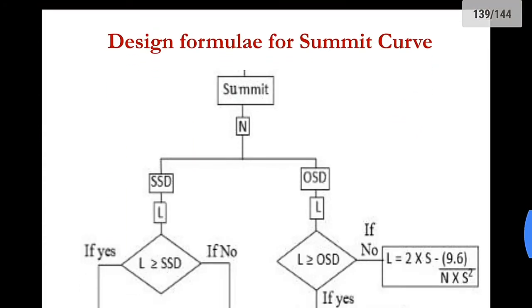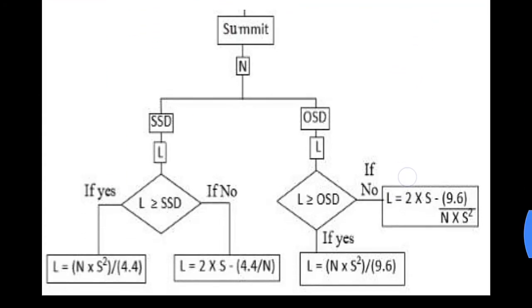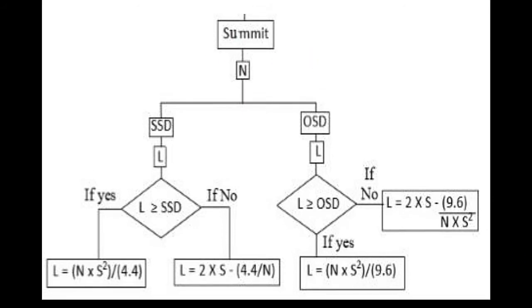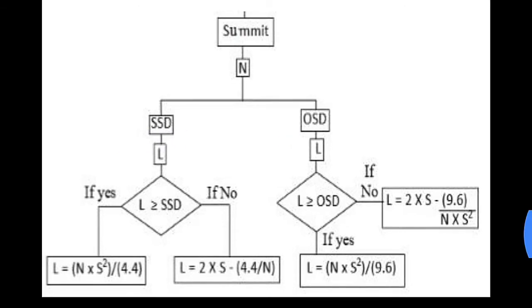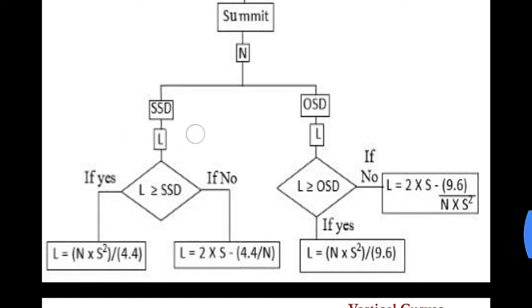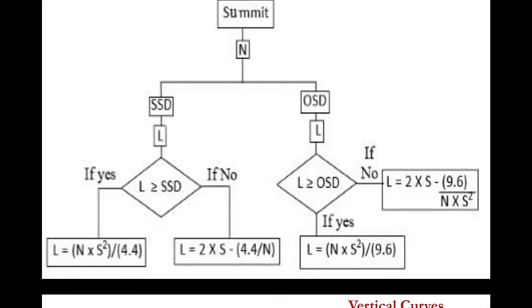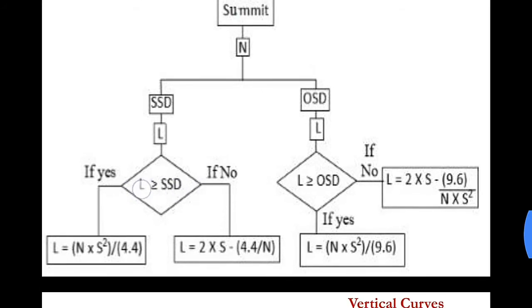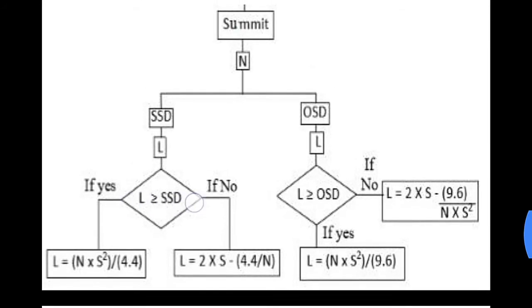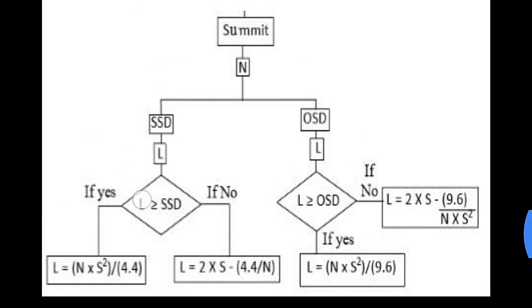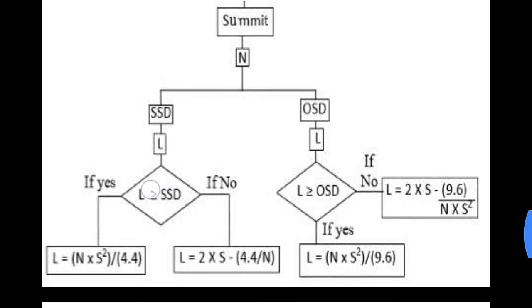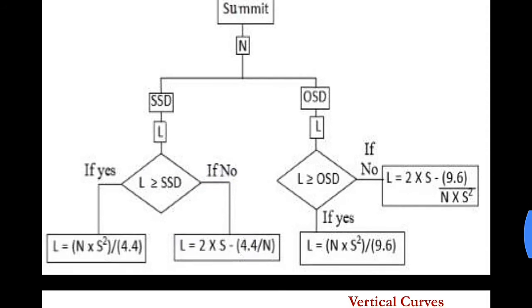Now let us have a look at the formulas used. Summit curves can be designed using two criteria, either SSD or OSD. Firstly, under SSD, that is stopping sight distance, if the length of the summit curve is greater than the SSD value, then we use this formula, and if the length of the summit curve is lesser than SSD, we use this formula.